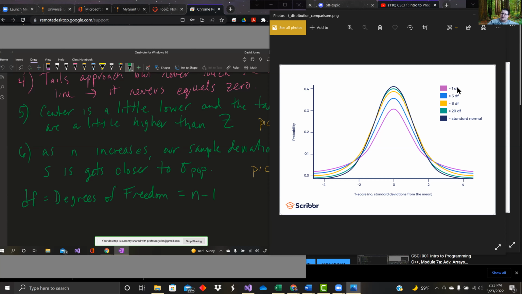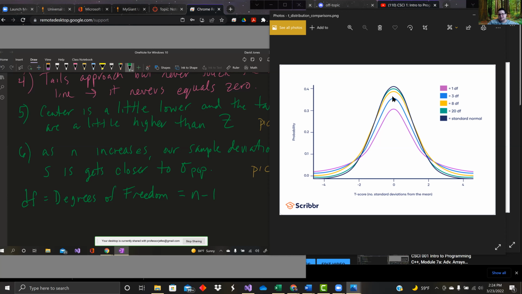So when n equals 2, the degrees of freedom is 1, and we've got this purple curve right here, which is the T distribution. The black one is the Z distribution. And notice as our degrees of freedom go up, n is going up. n is always 1 larger than this. So n is 4 here, n is 9 here, n is 21 here.